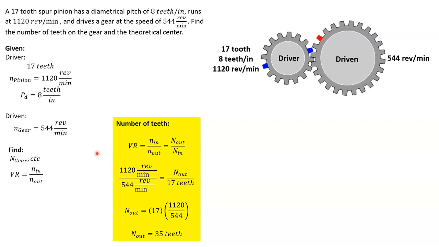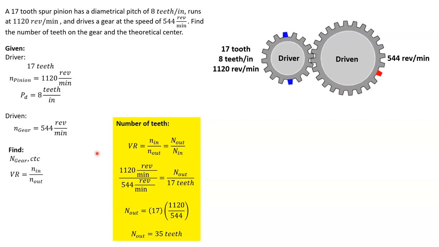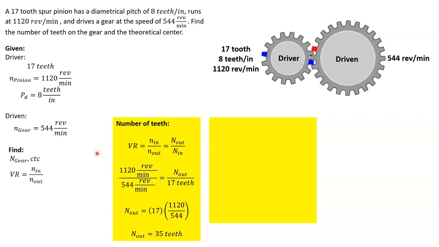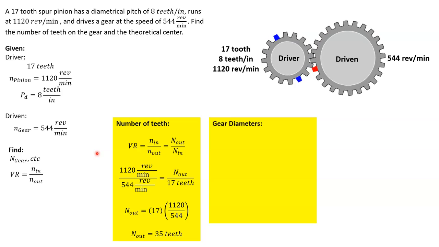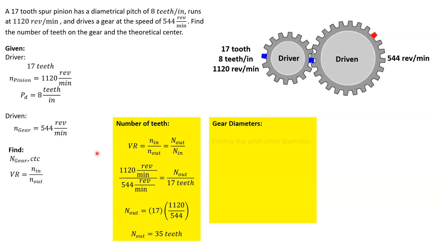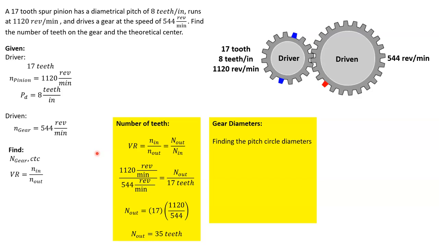We also need to know the center-to-center distance. We do have some information here: one is the diametral pitch. We're going to use that, as well as the number of teeth, to figure out how big these gears actually are. That means finding the pitch circle diameters.